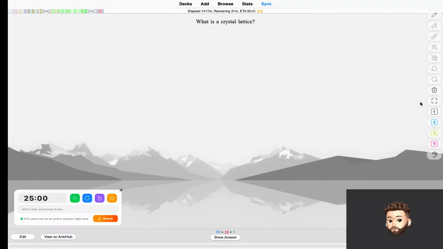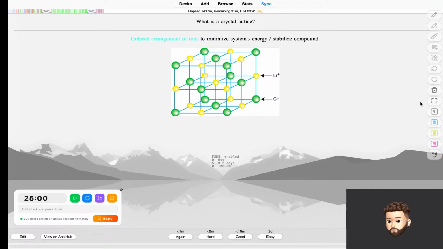I think I said that. The ordered arrangement of ions in order to minimize system energy or stabilize the compound. I keep thinking stabilized protein. You're just telling me protein, and it's not protein.